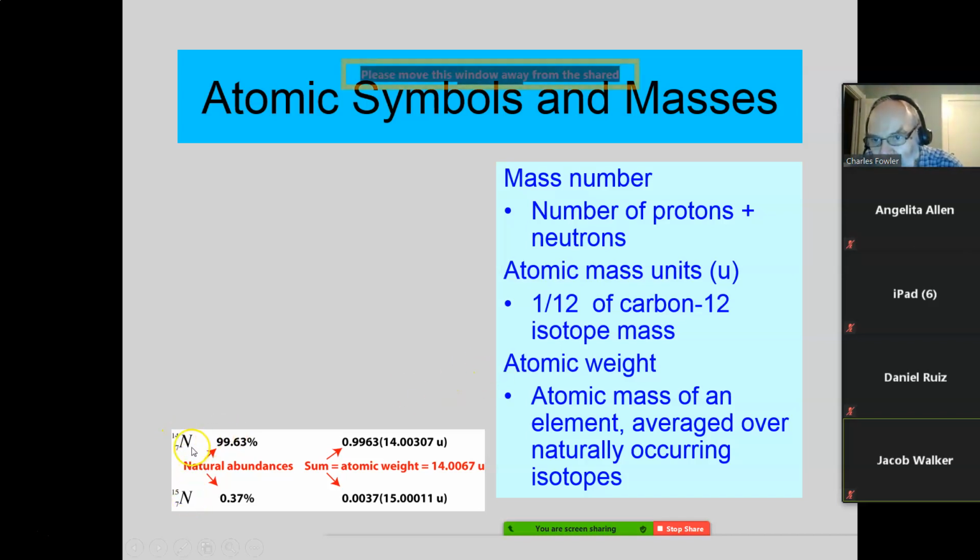The most common has 7 protons and a total mass of 14, so that means 7 neutrons. Is that what you got? Very rarely, but occasionally, you'll have a 7 in 15, which means this has 8 neutrons. Okay?